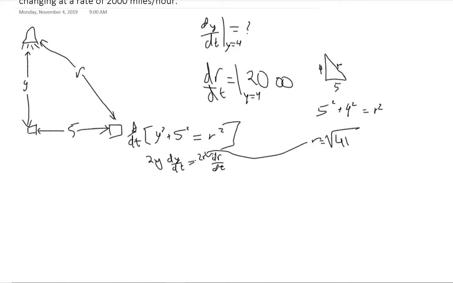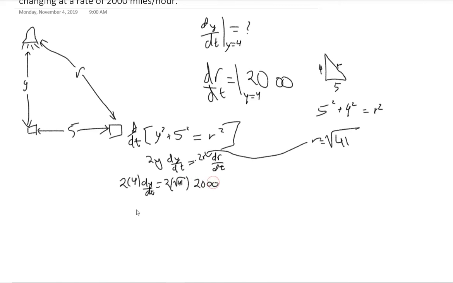And so now our only variable is dy/dt, and that's what the question's asking for. Perfect. So our y value is 4, dy/dt is our variable, 2 times r, our r is root 41, we just solved for that, times dr/dt, which is 2,000.